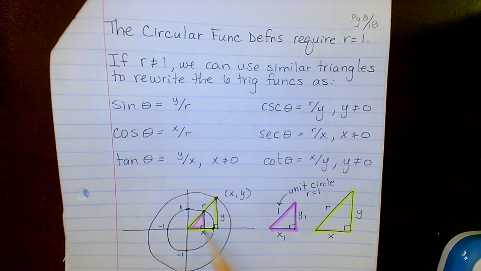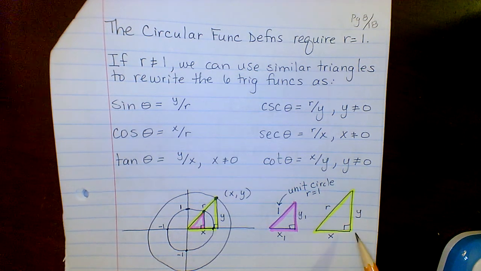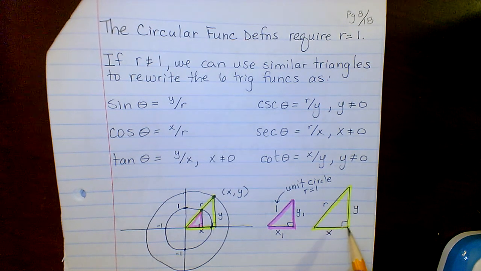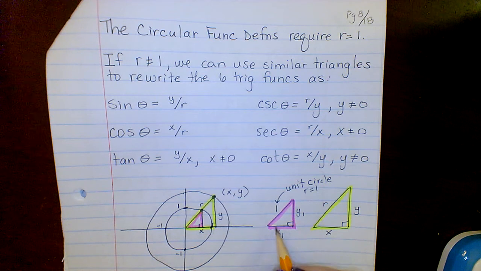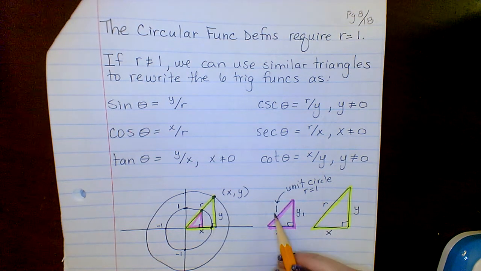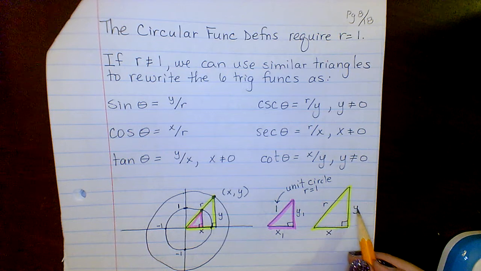That unit circle triangle and this larger triangle are similar, by angle, angle, angle. They share this angle, that right angle, which makes this upper angle the same. If they're similar, then their sides are proportional. So the ratio of y1 to 1 is the same as y to r.